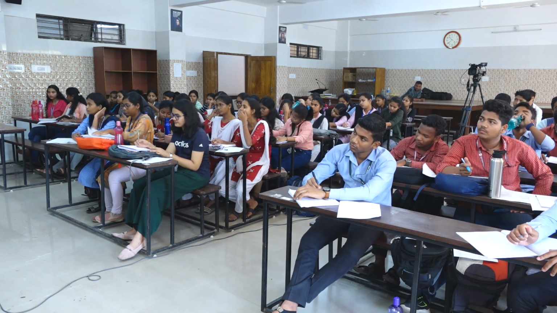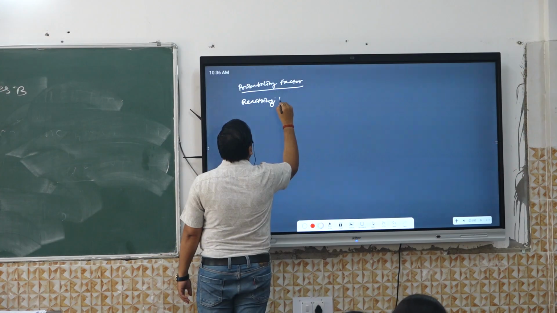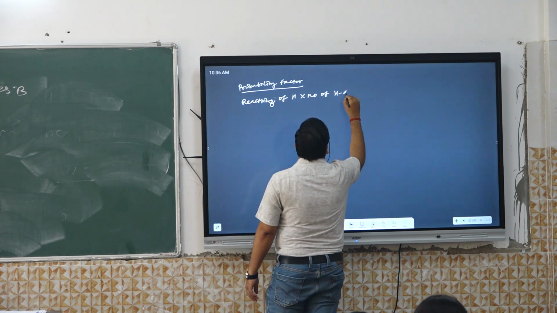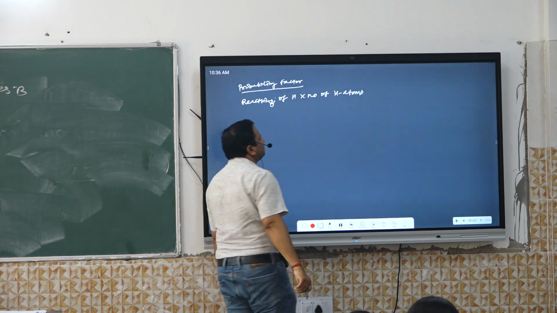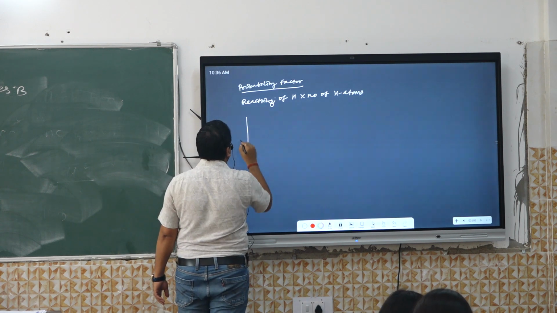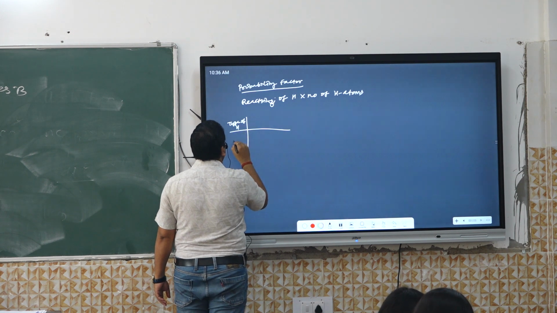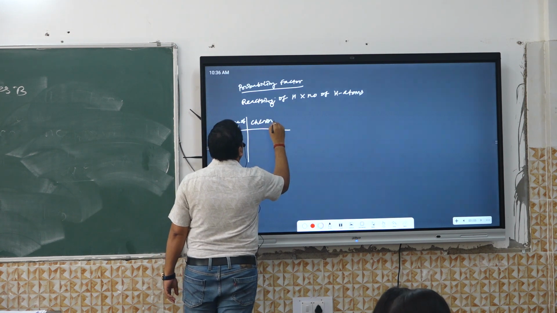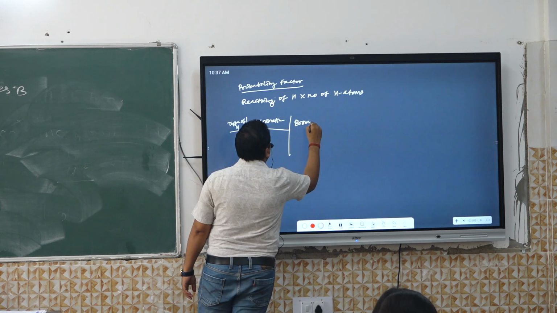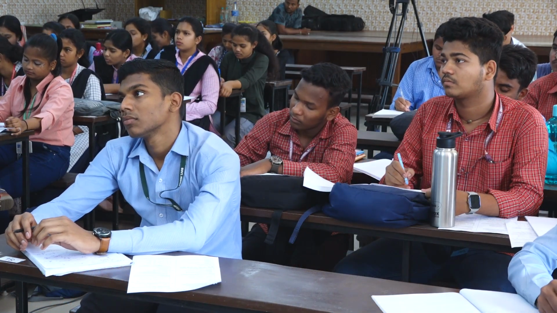Probability factor: reactivity of hydrogen into number of hydrogen atoms. Here, type of hydrogen, chlorination, bromination: primary, secondary, tertiary.